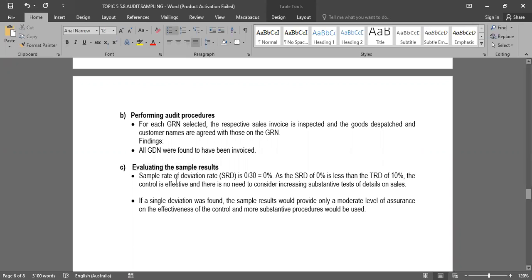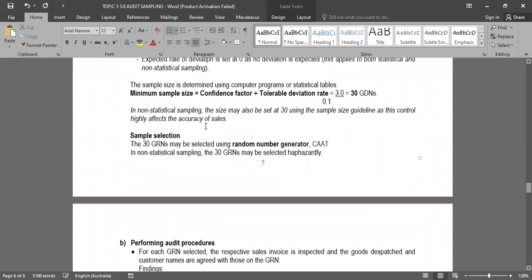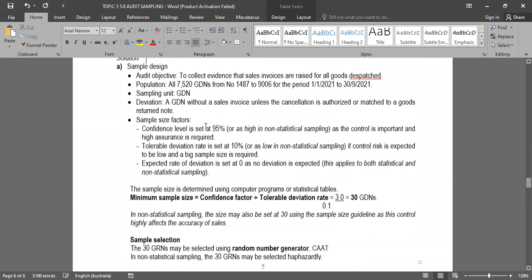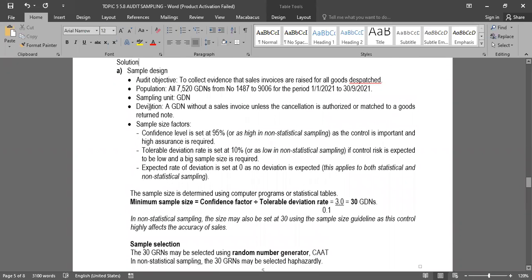That's what they do. A sample deviation rate is computed, where you get the deviations that you found. Unfortunately, we didn't find any deviation because the guy is saying that all GRNs were found to be invoiced. Remember, under deviations, when we were designing our sample, we said a deviation is a GRN without a sales invoice.